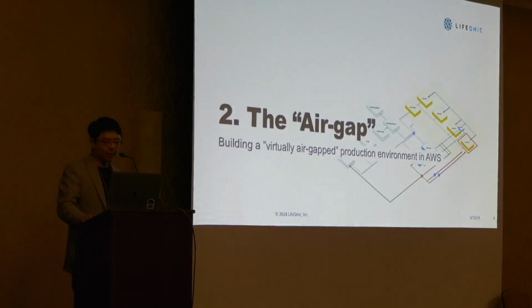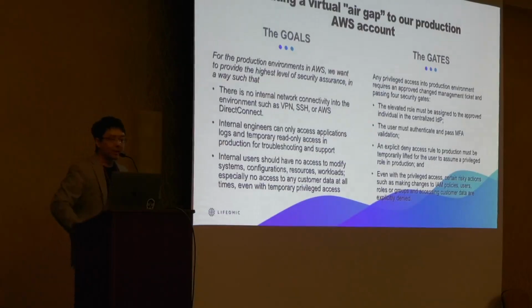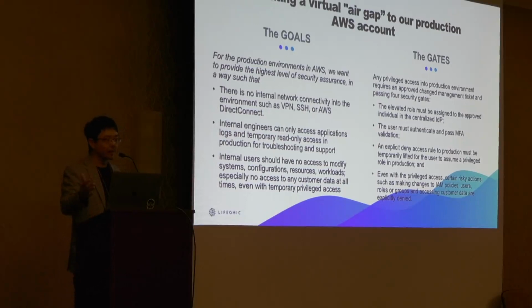So let's talk real quick about the air gap. In our AWS environment, we create the air gaps with these goals. One is that there's no internal network, and the internal folks can only access the applications and the application logs, and there are no modifications to the systems or configurations at any given time unless there's an emergency.